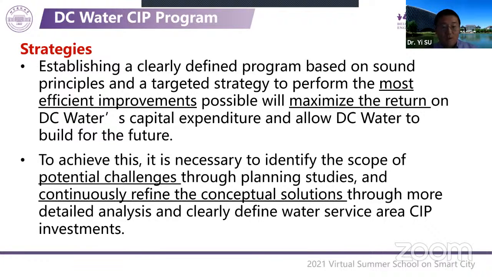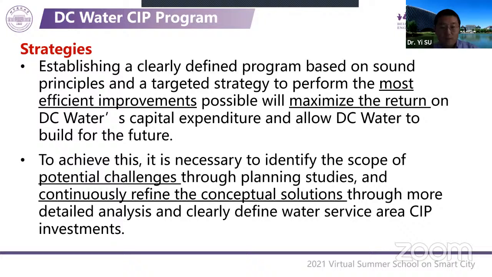Strategies. Establishing a clearly defined program based on sound principles and a targeted strategy to perform the most efficient improvements possible will maximize the return on DC Water's capital expenditure and allow DC Water to build for the future.